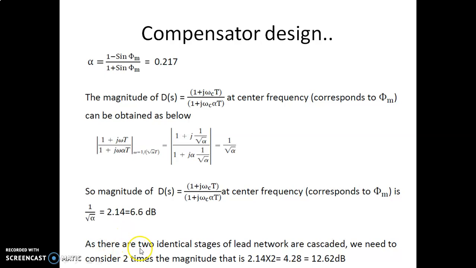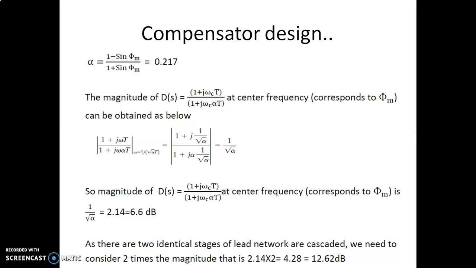As we have two identical stages, we need to consider twice the magnitude, that is 4.28 in terms of ratio, or 12.62 dB. This is the magnitude at the frequency of maximum phase deviation, introduced by both the networks.